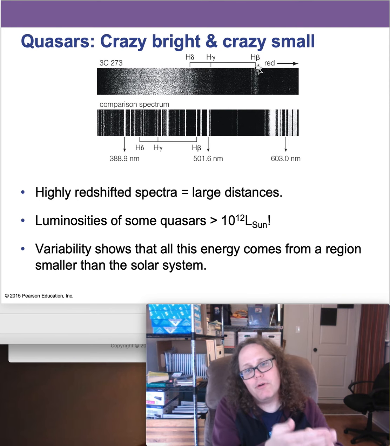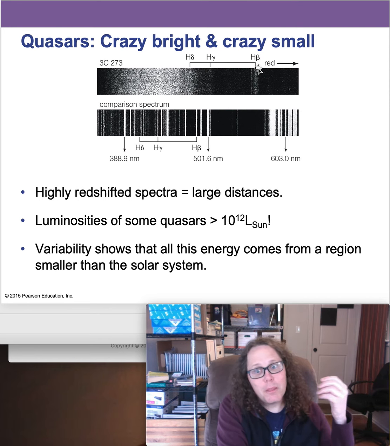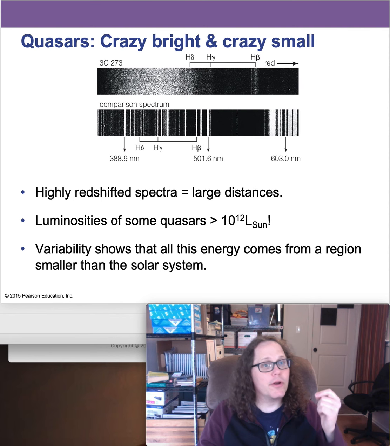Compute. Well, yeah, you could. In fact, the black hole is the only thing known to physics that could do that. So that was the first clue. Now we have much more compelling evidence. The first clue that quasars might be powered by black holes.